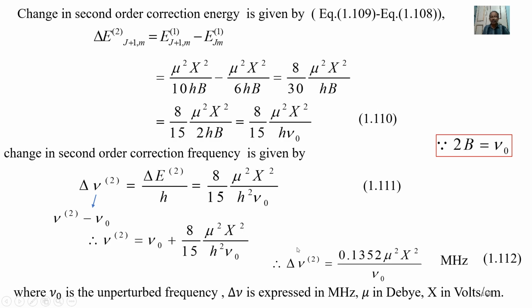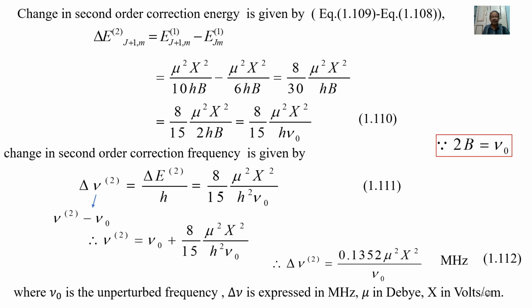Now look at the expression. Del nu second order correction is equal to, so this mu will have to change into dB, x will have to change into volt per centimeter as we have done already earlier, and 8 divided by 15.